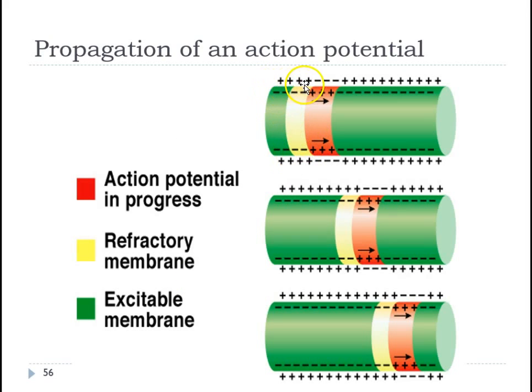We see the polarized area, the depolarized area, and as this moves, we're going to see that the action potential is in progress. This is in our hyperpolarization right now. And then these are all in our resting membrane potential. They can be excited, but they need this current to come through to excite them, so then they'll be in the action potential.